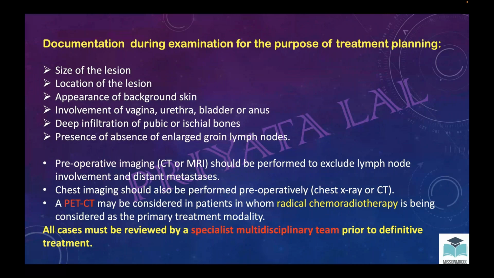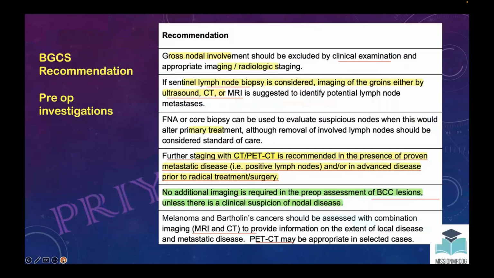All cases, same thing again, to be reviewed by the specialist multidisciplinary team prior to any definitive treatment. Now, these are the BGCS recommendations for preoperative investigations. Okay, so what they say is that gross nodal involvement is to be excluded by clinical examination, whether any node is clinically there or not.